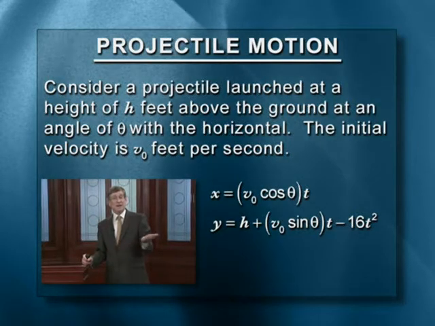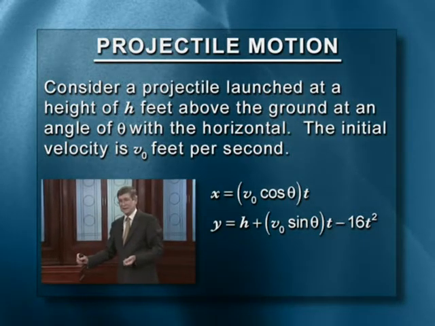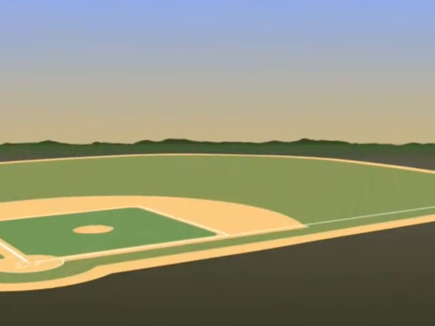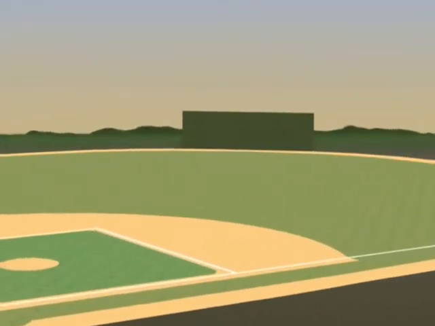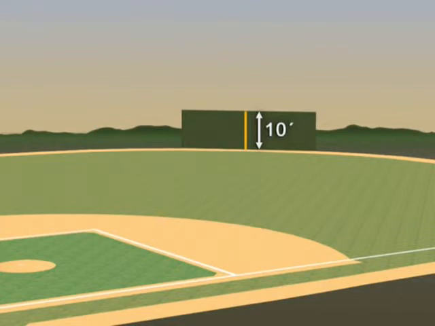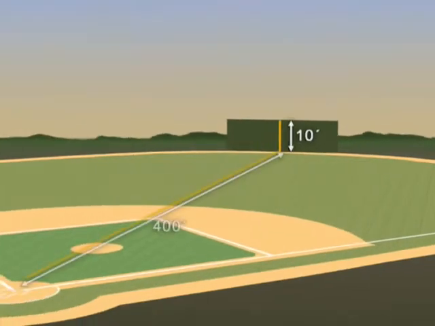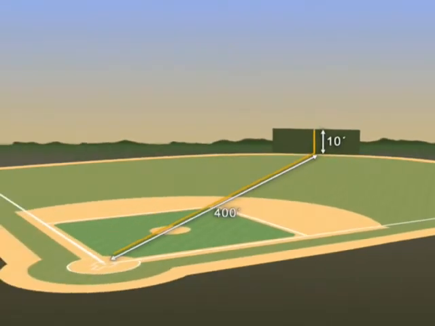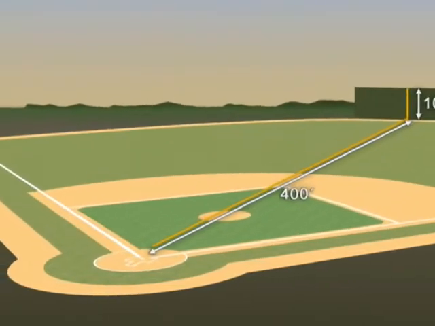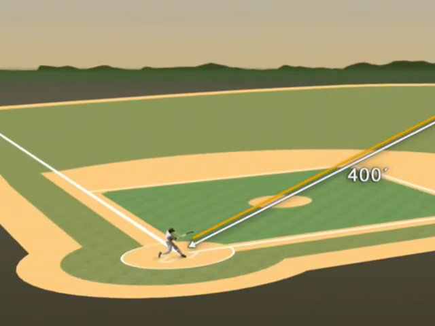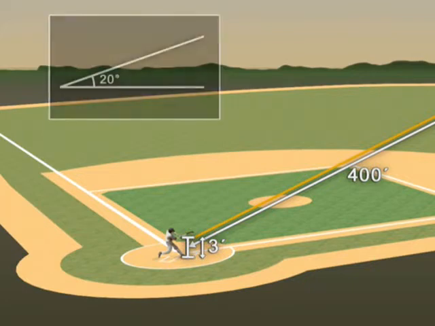How about a particular example of these formulas? We'll use my favorite sport, baseball. Here's the setup. You're in a ballpark, and the center field fence is 10 feet high and 400 feet from home plate. Somebody's hitting a baseball, making contact 3 feet above the ground at an angle of 20 degrees above the horizontal.